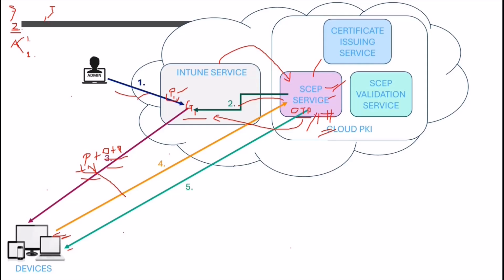Why is it sending the timestamp? Because this challenge or OTP has a validity of, let's assume, 5 minutes, meaning after 5 minutes this OTP will no longer be in use.